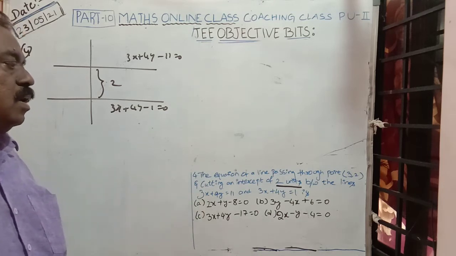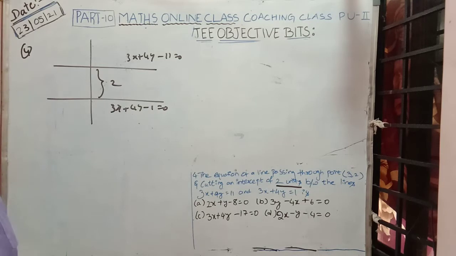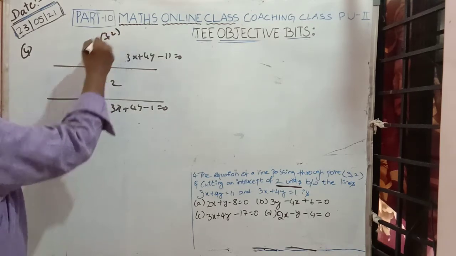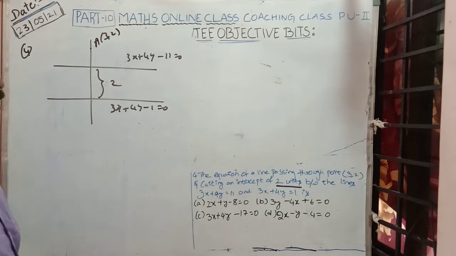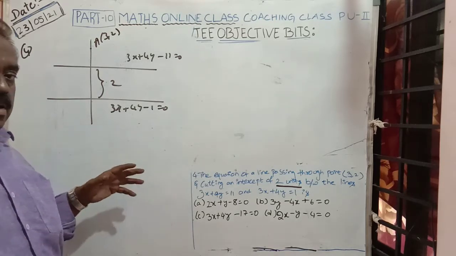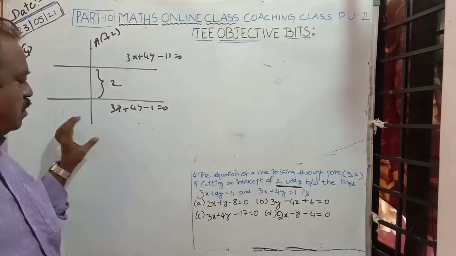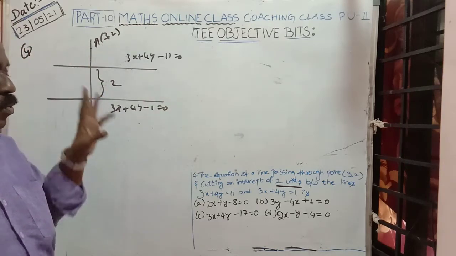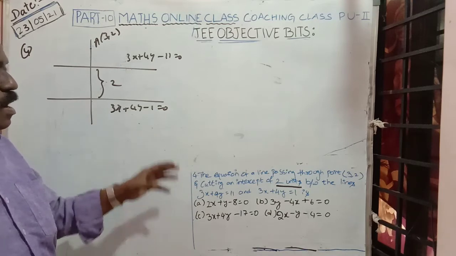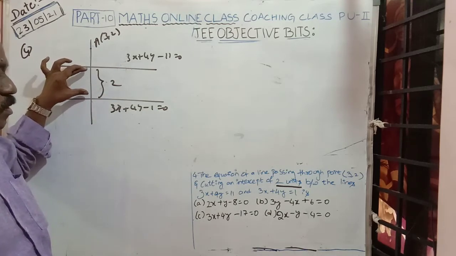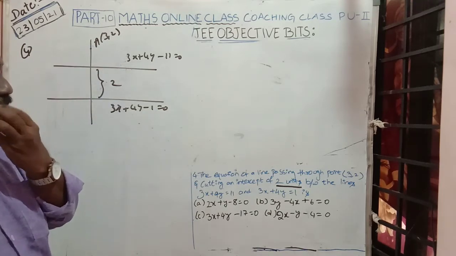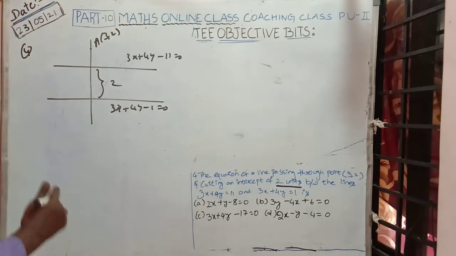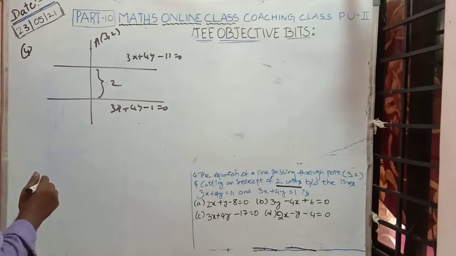And it is passing through a point, say A, 3, 2, that is the meaning. The required line is not given perpendicular, but the concept is like that. The equation of line passing through 3, 2 and cutting an intercept whose length is 2 units between the lines given.